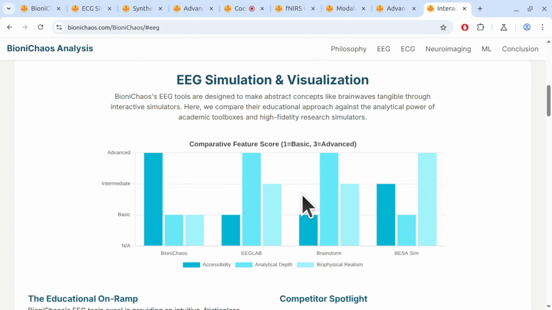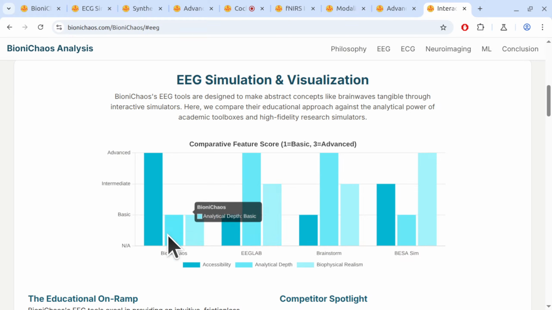Okay, and what's happening now on the screen? The screen is showing the EEG simulation and visualization section, displaying a comparative feature score chart that compares different EEG simulation tools. It highlights their accessibility, analytical depth, and biophysical realism.